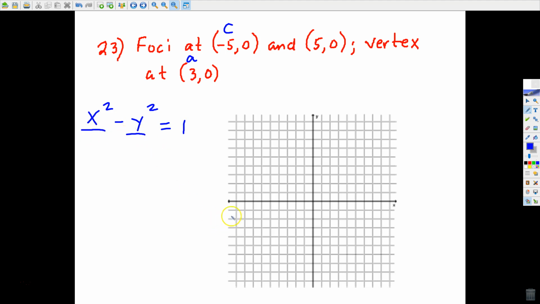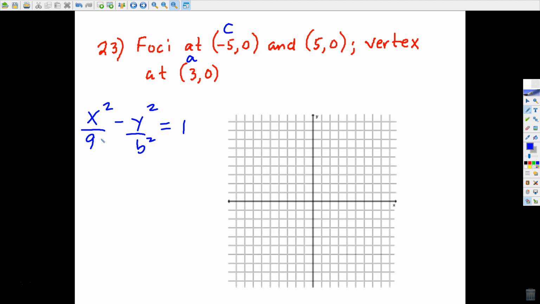So it's just our job to find out what a squared and b squared are. We know a squared, that's going to be 9. But I'll give you a second or two to come up with b squared. So remember, you're using the Pythagorean Theorem, c squared equals a squared plus b squared.